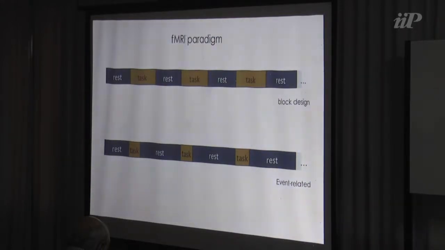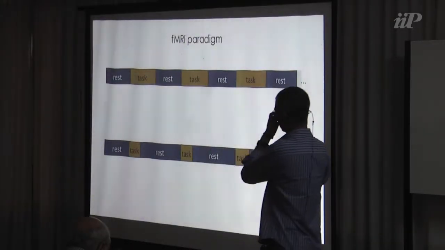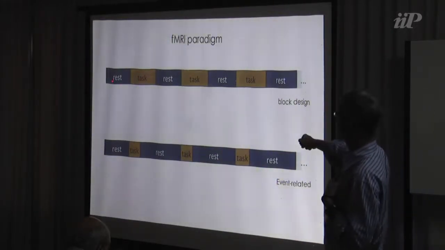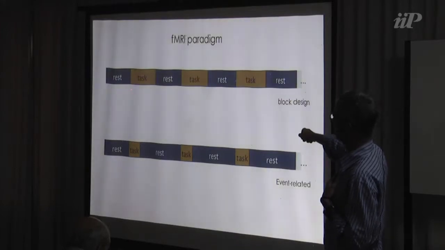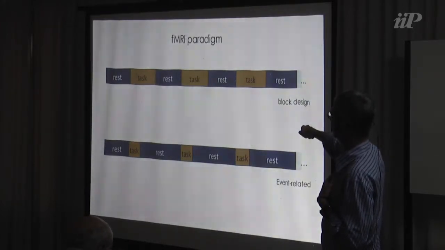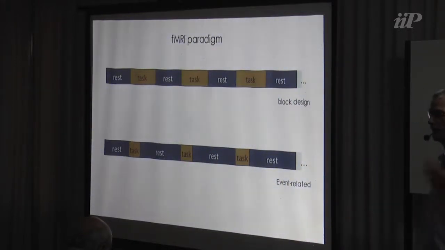What are the two main types of paradigms, or two main ways that you can acquire the fMRI data? Basically, you can acquire it using what we call a block-design paradigm. That is, you have relatively long periods of rest intercalated with relatively long periods of a task.